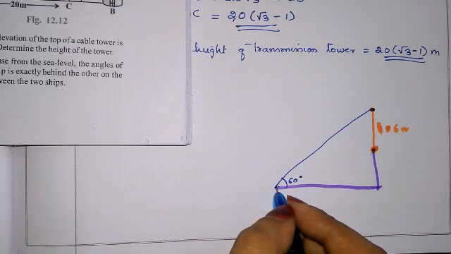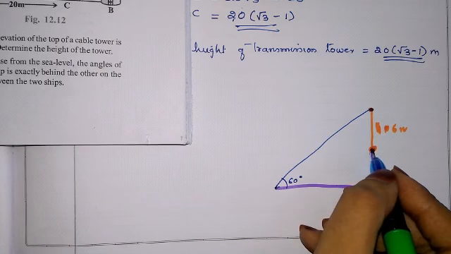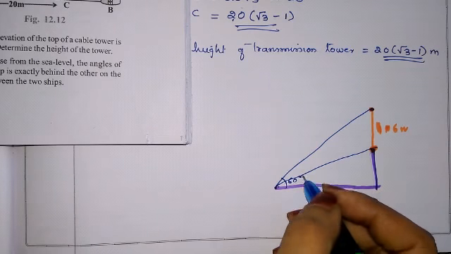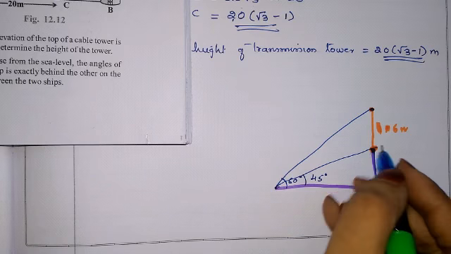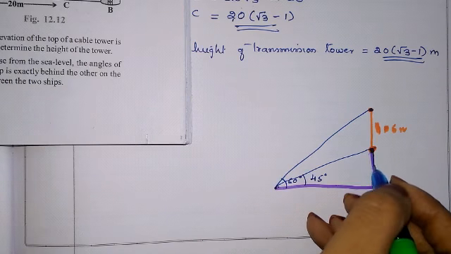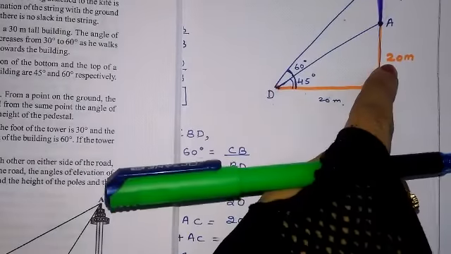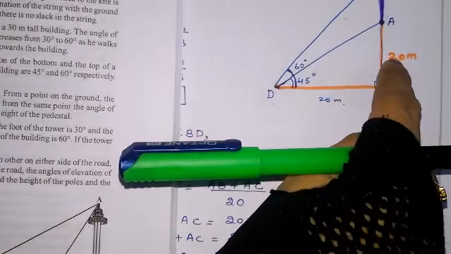From the same point, the angle of elevation of the top of the pedestal is 45 degree. They have told us to find the height of the pedestal. Exactly the same method you have to do. In the previous problem we found this; now they have given this and you have to find this. Very easy. So try the 8th problem yourself.